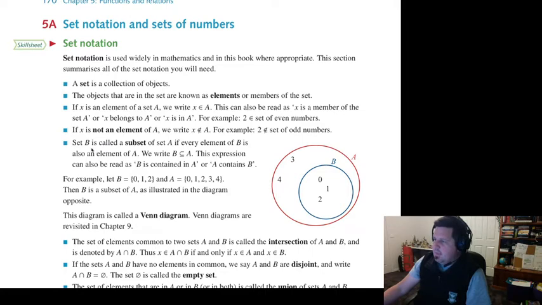Set B is called a subset of A if every element of B is also an element of A. You would write that as B, and this little U on a side line is the symbol for subset. The expression can also be read as B is contained in A.